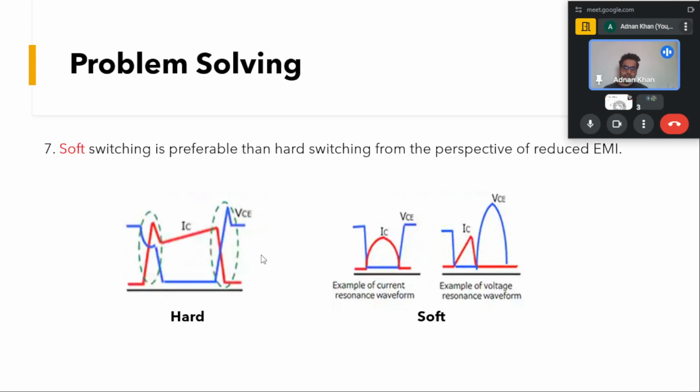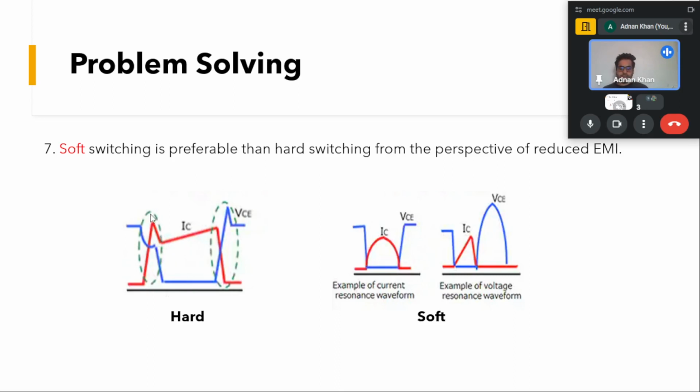Let us say we have two networks, hard switched and soft switched. First we'll see the hard switched. Whenever the device is turned on, the voltage level changes from one level to another, and the current rises from 0 to the rated current level.